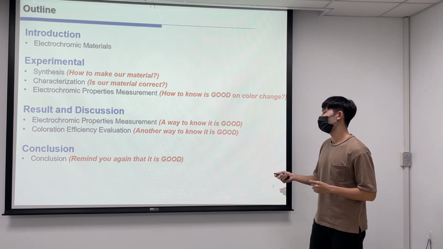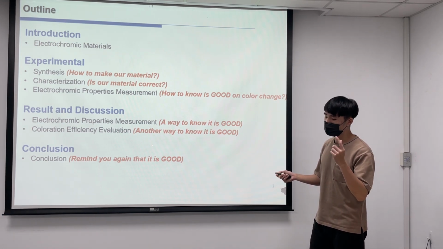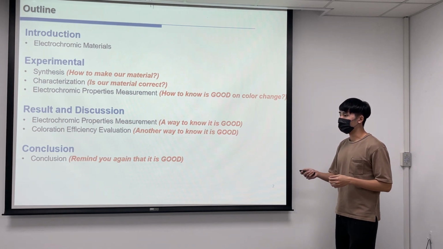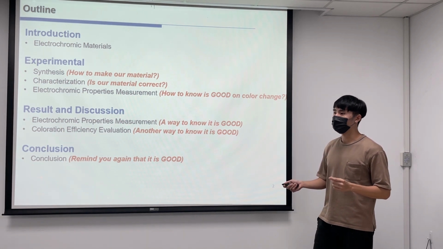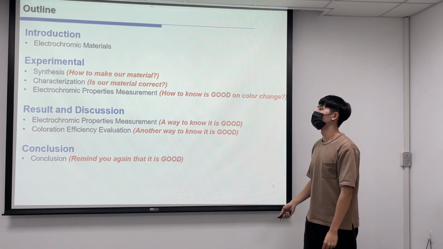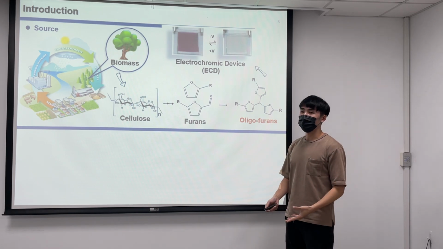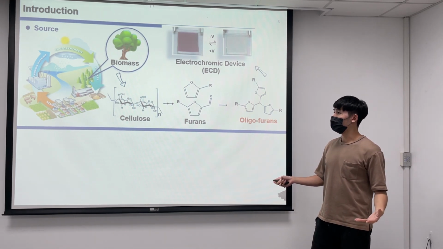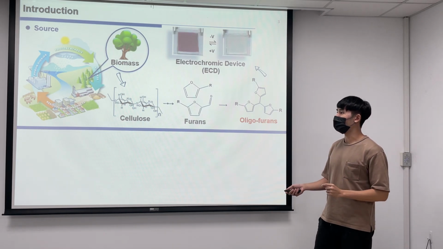There are two ways to check if a material's performance is good. And last, the conclusion is a reminder to all of you that our material is proved to be good.